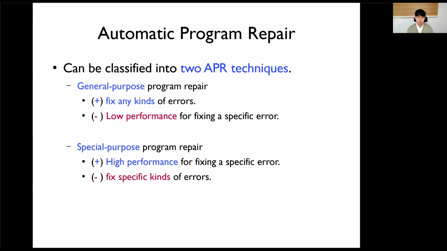First, the general purpose repair techniques are in principle able to repair any type of error. However, because this technique is generic, it may have poor performance in fixing certain types of errors. On the other side, the special purpose program repair techniques focus on fixing specific kinds of errors. So it is not a generic technique, but it is highly effective for fixing certain types of errors.